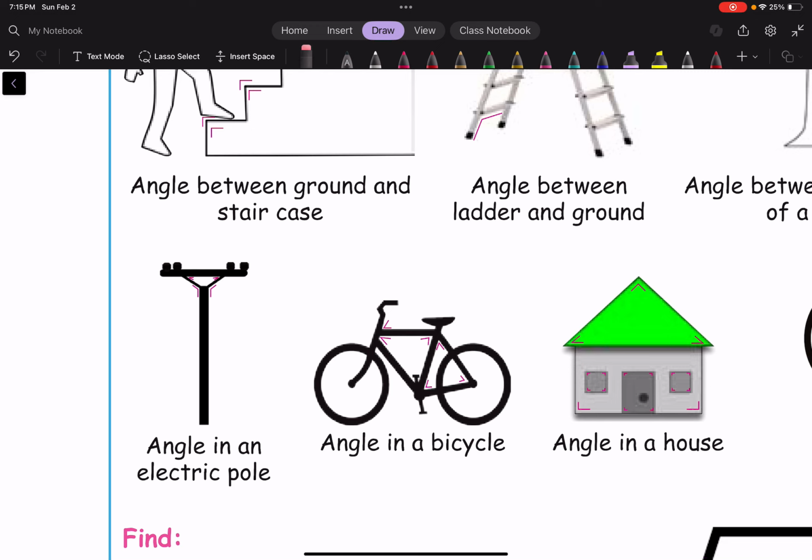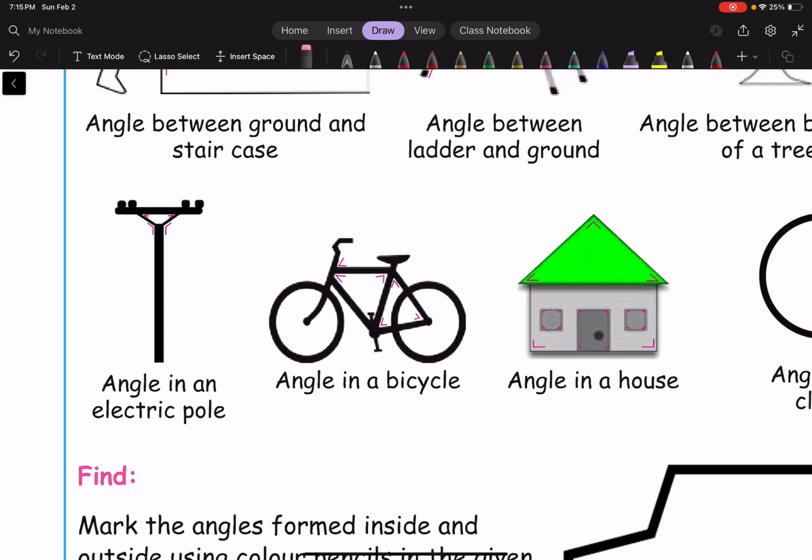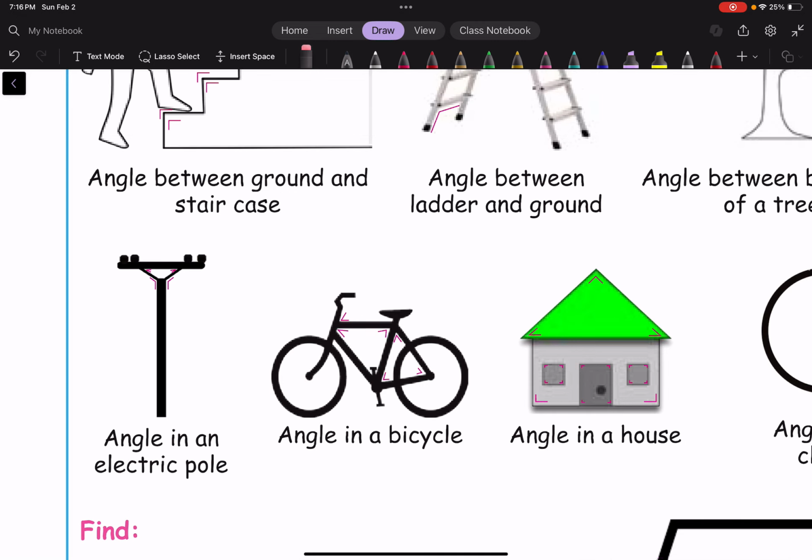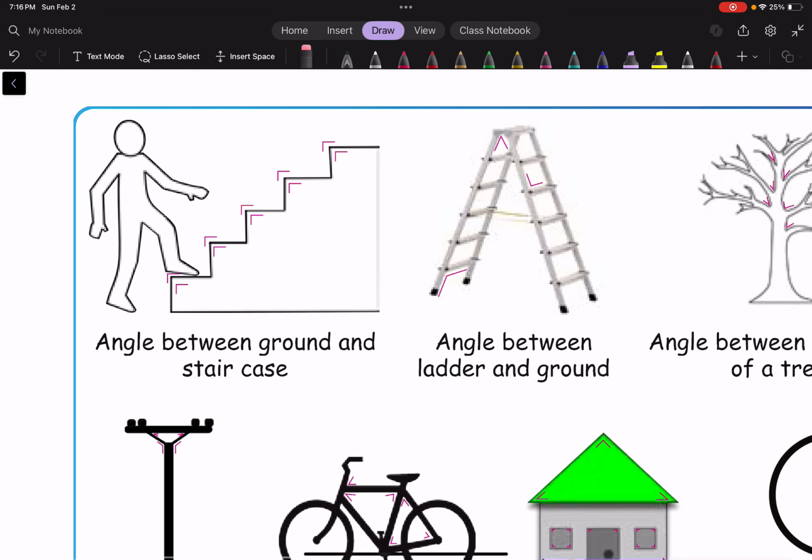And the bicycle that you ride, even that has angles. Generally a triangular structure gives much more stability to any particular object. That's why most bicycles use triangles. Triangles are much more stable structures. Okay, so every triangle has angles. Look at the ladder, and we have angles over here as well.